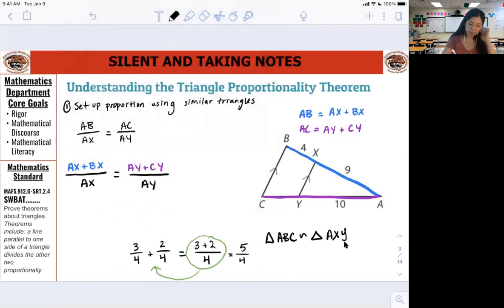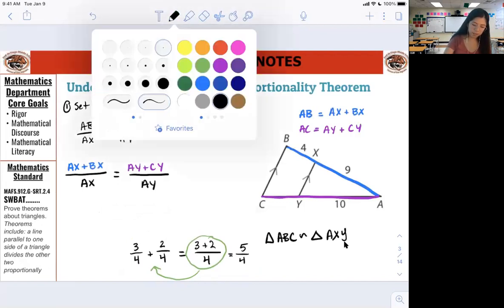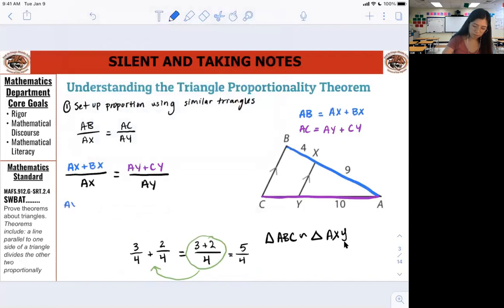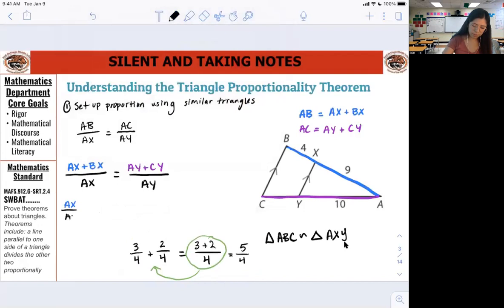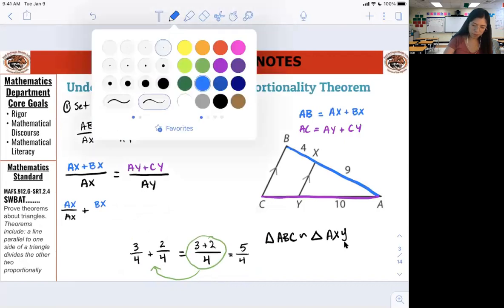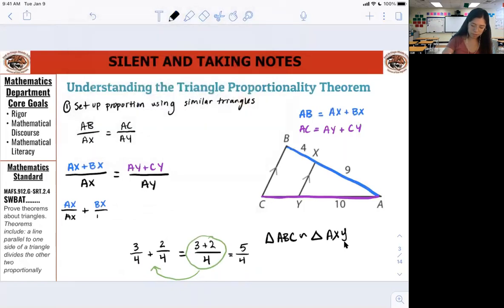So this is the same as AX over AX plus BX over AX. See, I just split that fraction into two. And I can do the same thing on the other side.